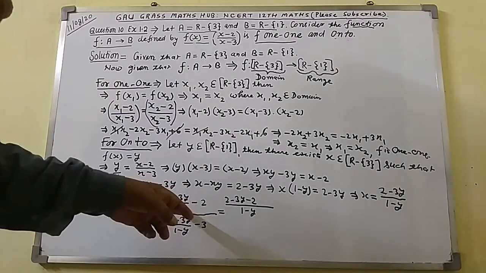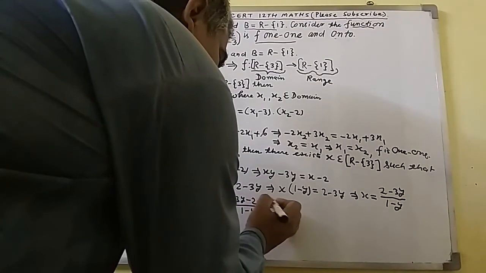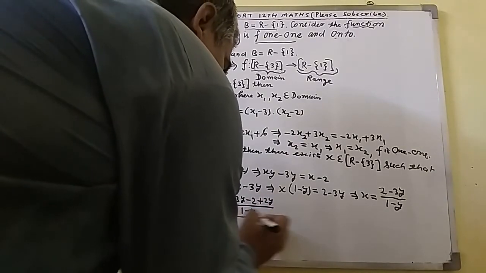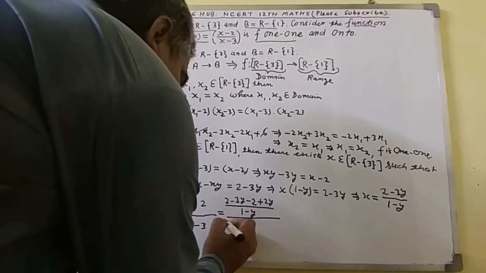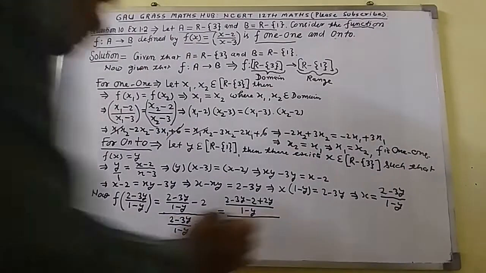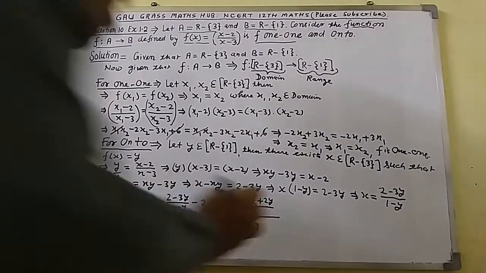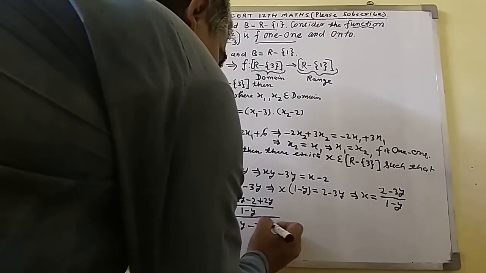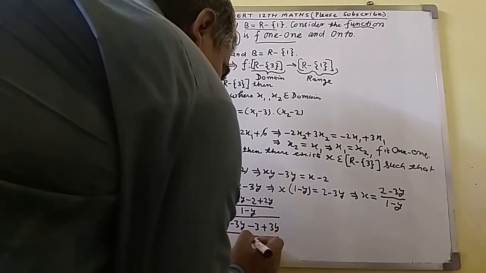This minus 2 will multiply to minus y, you will get here plus 2y, whole over, here you will get 2 minus 3y minus 3 plus 3y, whole over 1 minus y.